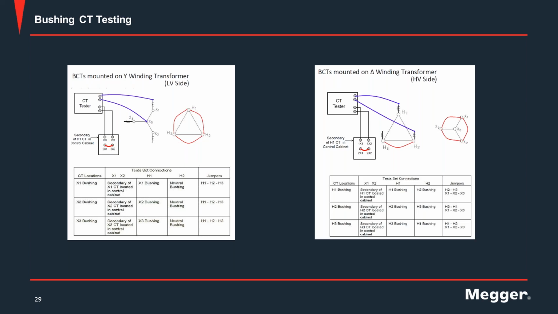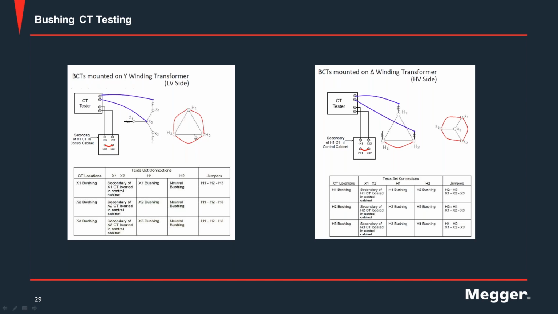However, we have challenges in connecting into the bushing CTs. So in the manual of one of our testers, the MRCT, you can find the actual diagram on how to test the bushing CTs. So for example, if you have a Y winding transformer and the delta on the low voltage side, in order to test the ratio here, you must short the secondary.